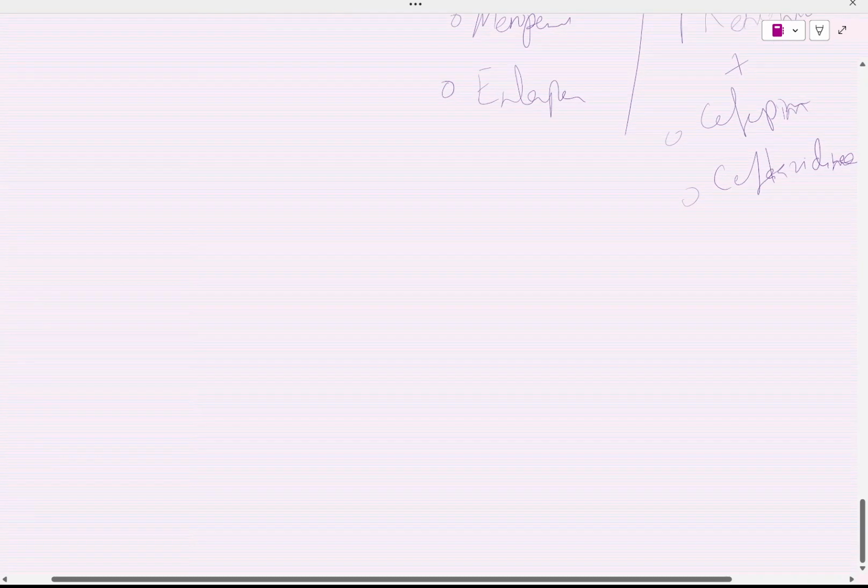So what kind of complications can arise? Acute cholecystitis can lead to gangrenous cholecystitis. It can perforate.